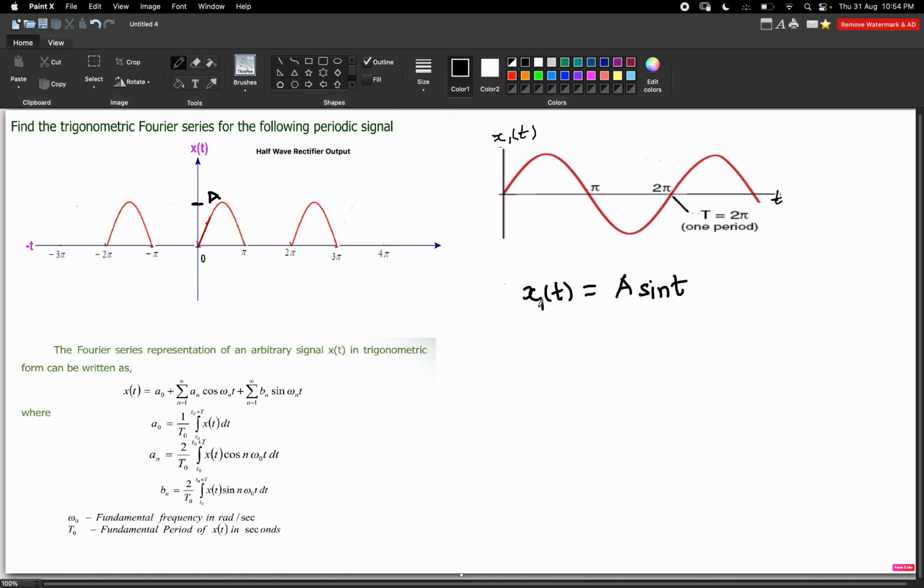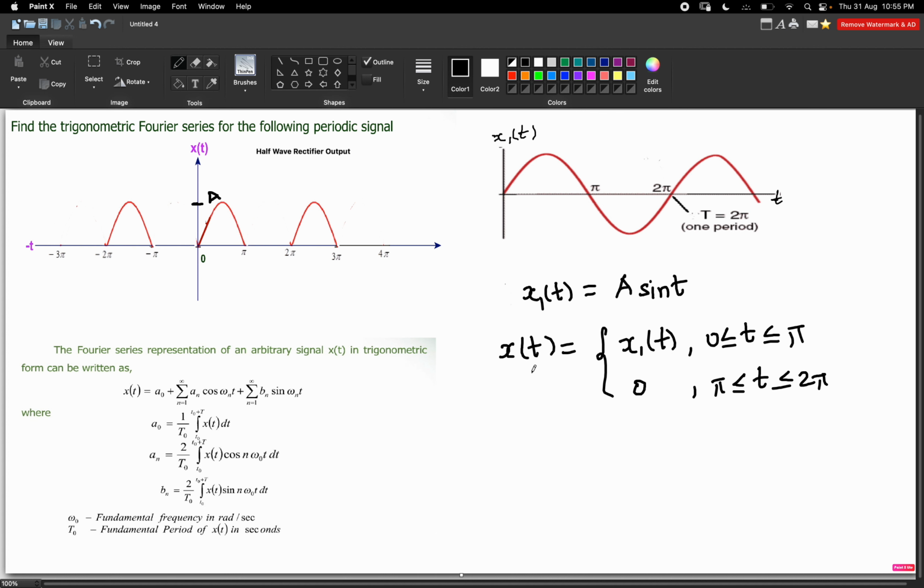Okay, so if you refer to this waveform, x of t can be simply written as x of t equal to x1 of t if t is greater than or equal to 0 and lesser than or equal to pi, and x of t equal to 0 for t greater than or equal to pi and lesser than or equal to 2 pi.